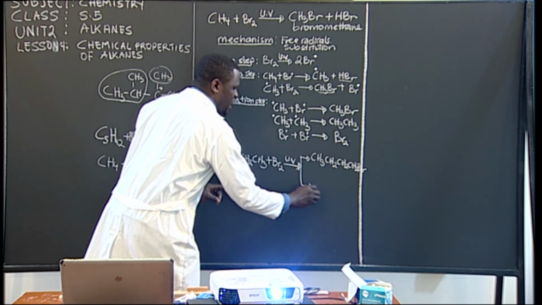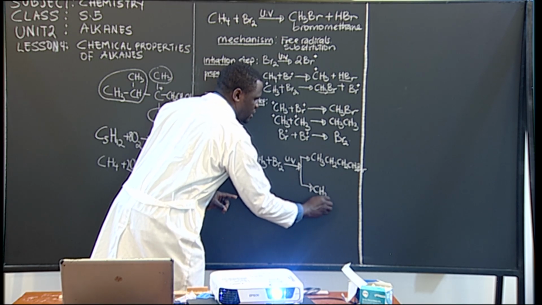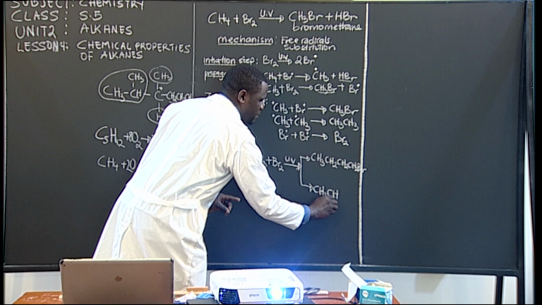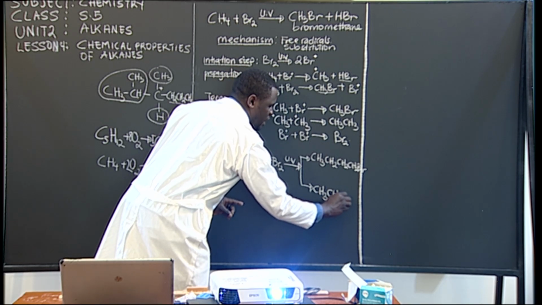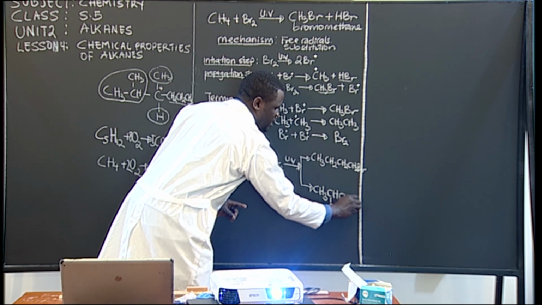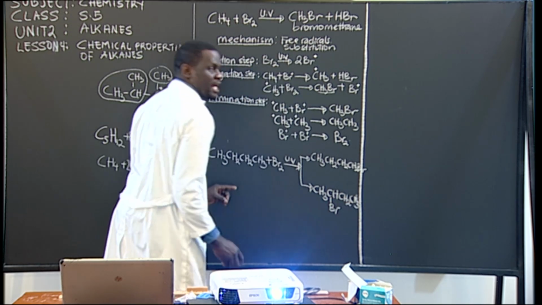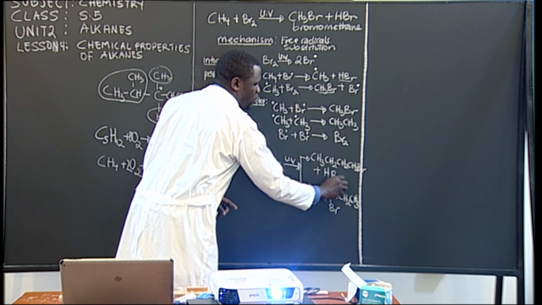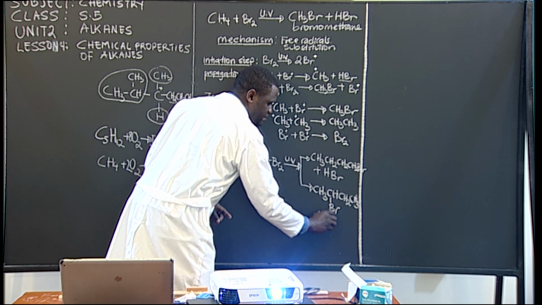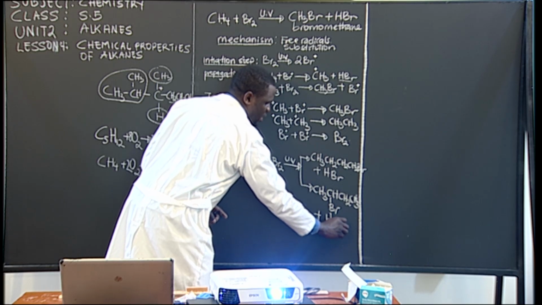Then we can also have another one, CH3, CH, so in the middle here, we remove one hydrogen and put bromine. So we have CH2 and CH3. Obviously, we have plus HBr.